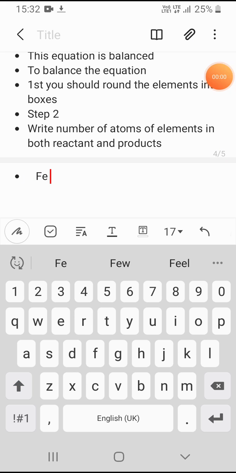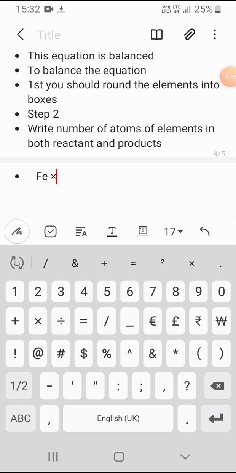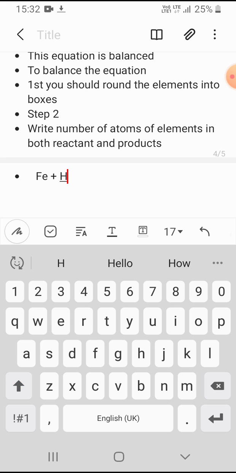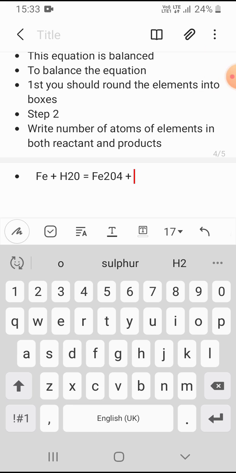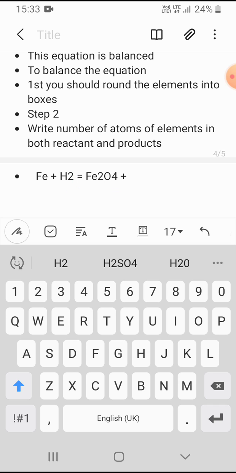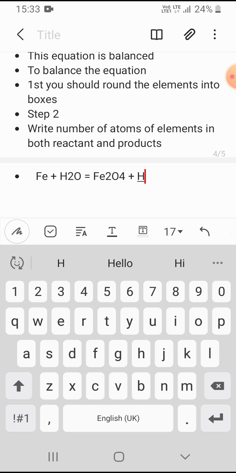Take a particular formula: Fe, that is iron, as you all know, plus H2O, that is water, gives you the product. In this product we get Fe2 and O4, plus we get H2, hydrogen.